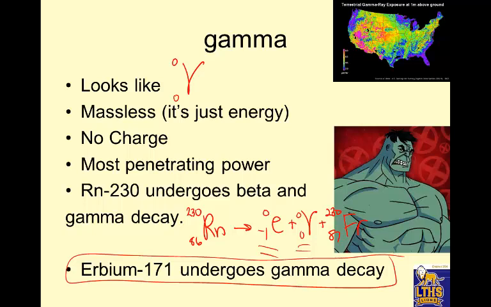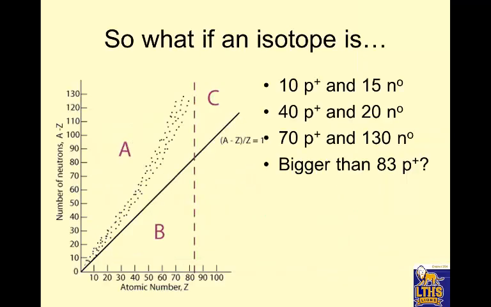All right. So we've done the 3 types of spontaneous nuclear decay. So what happens? Why do things do that? Well, sometimes a nucleus could have too many things in it. Too many protons, too many neutrons, too many of both. So if something has 10 protons and 15 neutrons, we're right about there.